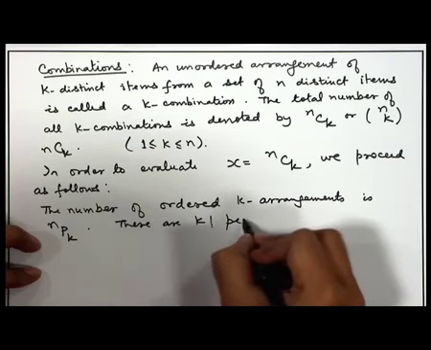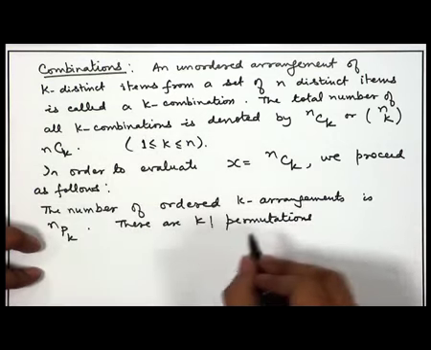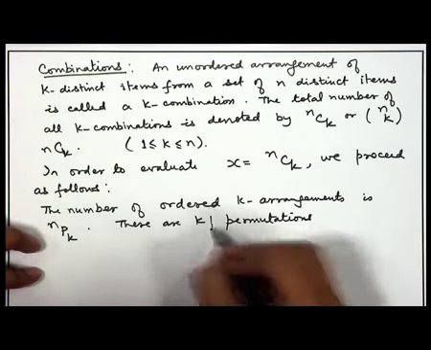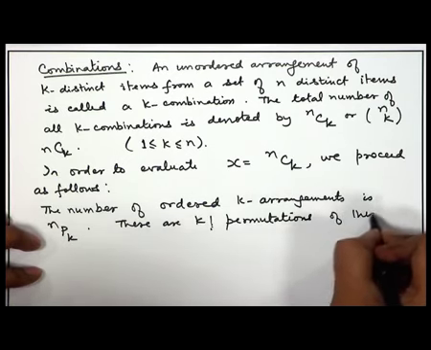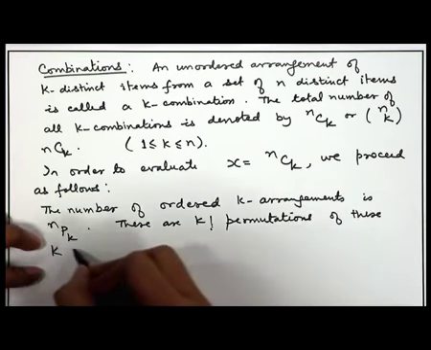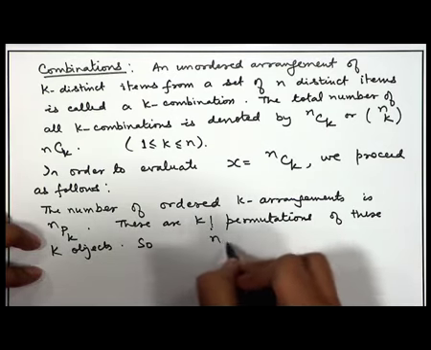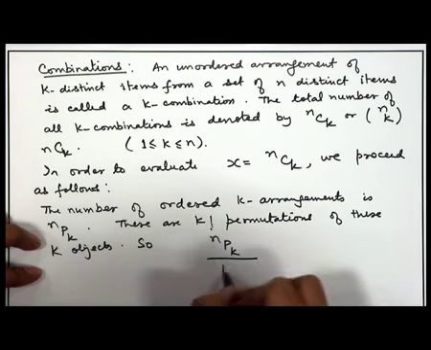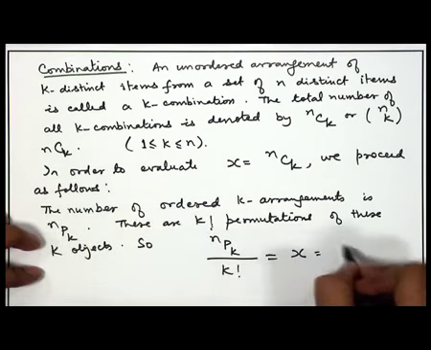So, if I look at this, there are k factorial permutations of these k objects. Now, all of this will be considered same. So, you should have n p k divided by k factorial is equal to x, that is n c k.